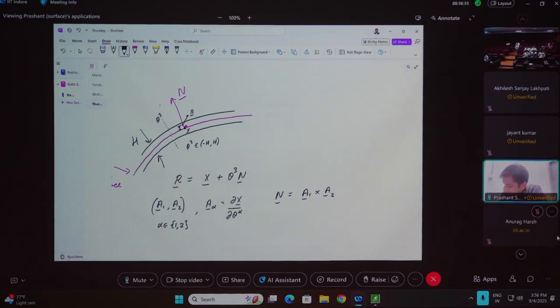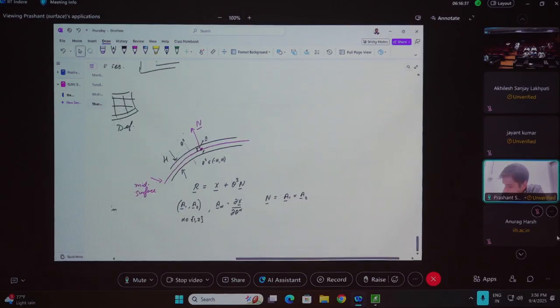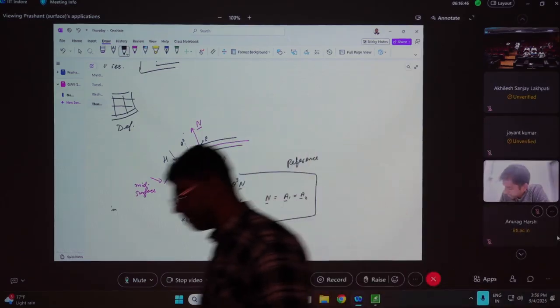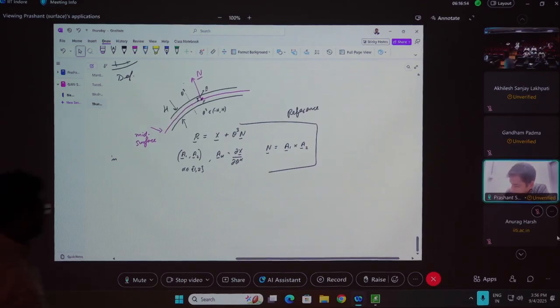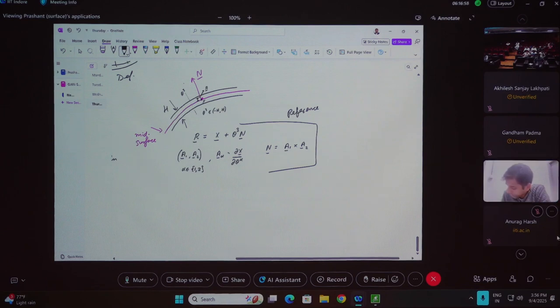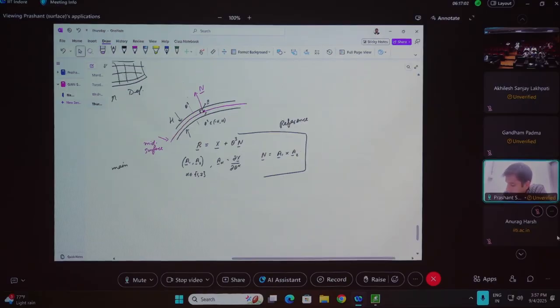Now, this is all in the reference configuration. For the current configuration, you can follow a very similar approach. The only thing that happens is that when the shell deforms, okay, I should have said one more thing.